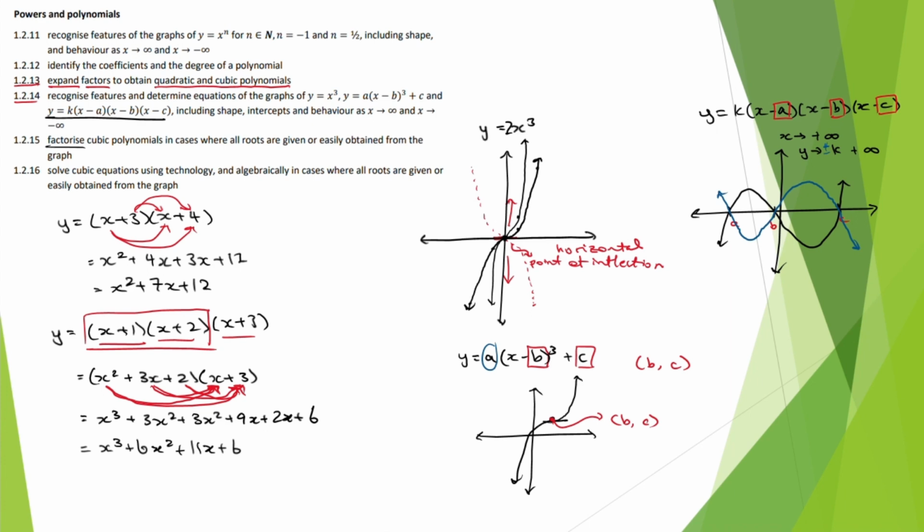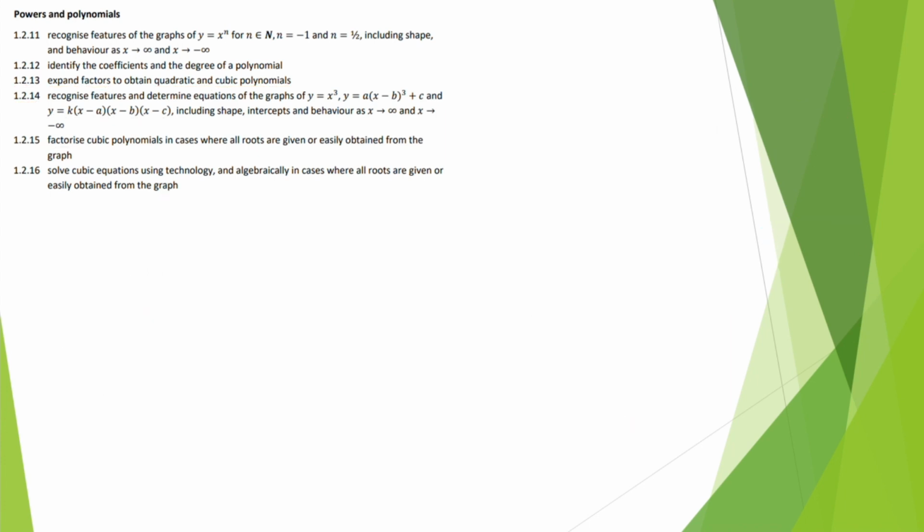So let's go from Cartesian representations of cubics to the equations and vice versa. That's our next stage. This is probably the easier way of doing it if we've easily obtained it from the graph.